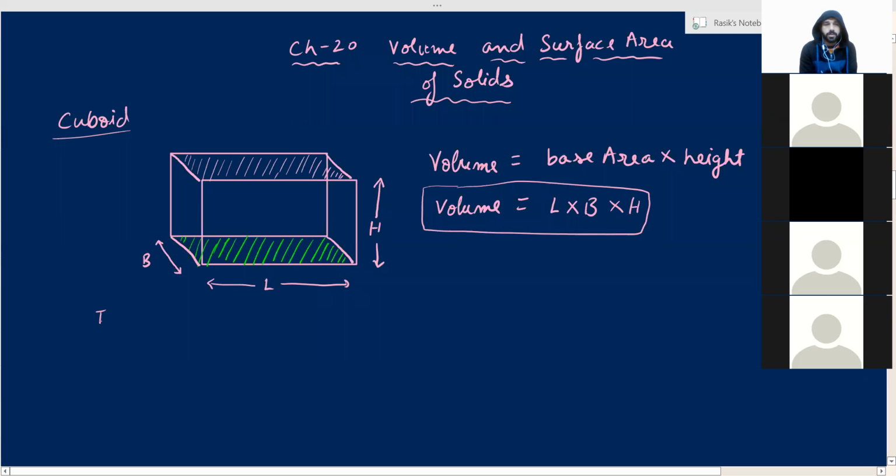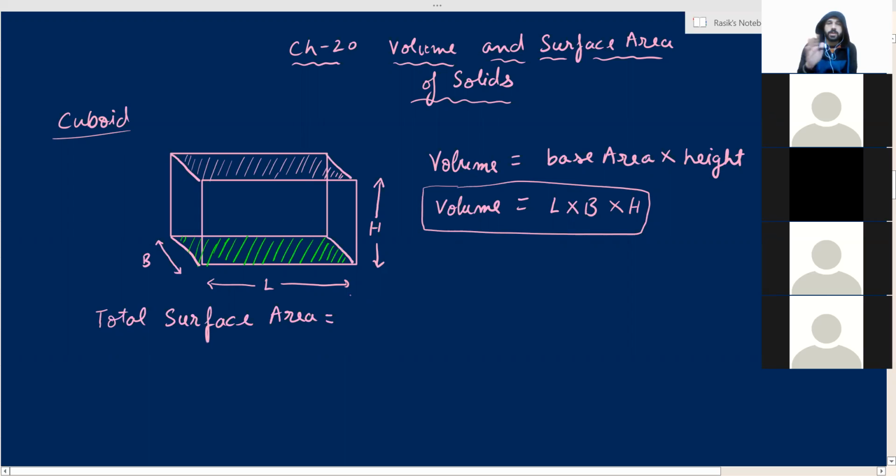The next formula will be total surface area. Total surface area of a cuboid. Now total surface area is very simple, very easy thing.